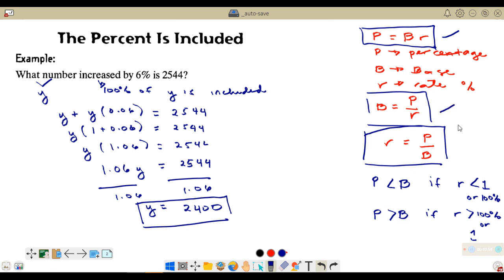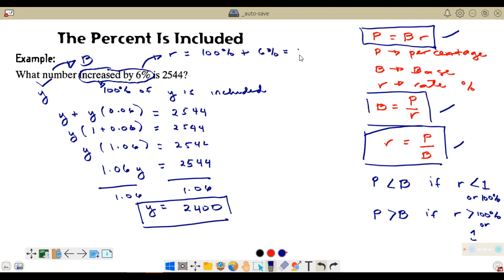Okay? So now, how can we get this in a simpler way? We can use one of these formulas. So, which one are we looking for? What number? This is actually the B. And 6% is just the rate, but it is not yet the rate that we will use here. Since we have the word increased, if you include the word increased by 6%, our R is equal to the whole of our percentage, 100%, plus our rate presented here, which is 6%.